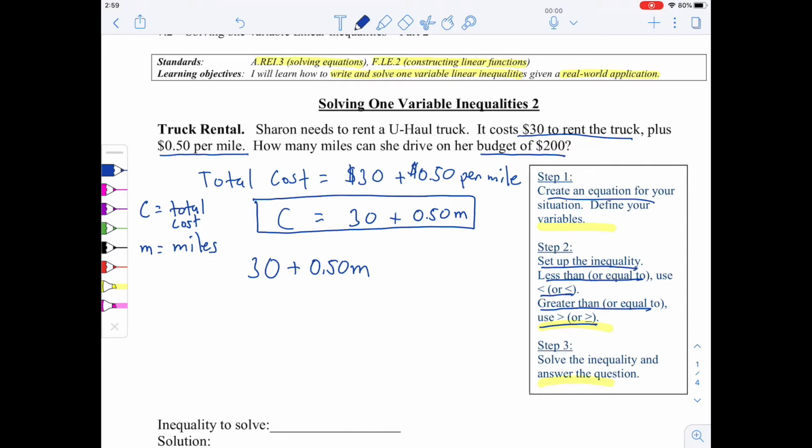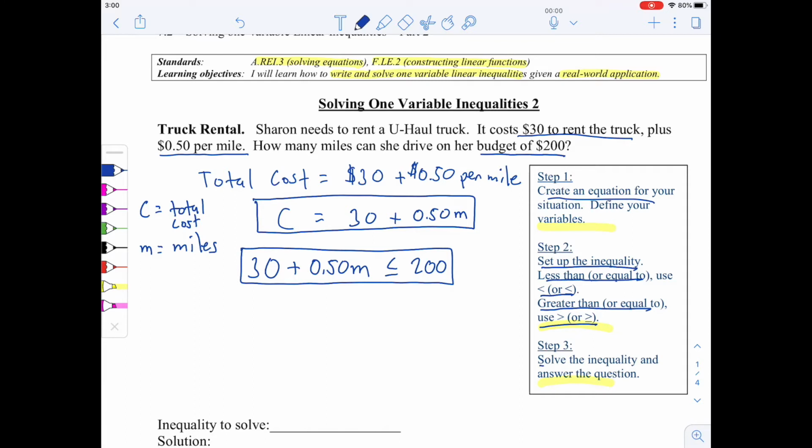So is that less than or greater than? We want to spend within 200, so it has to be less than. Our total cost is going to be less than or equal to 200 because we have to stay within the budget, up to $200. So this is our new inequality right here that we're going to solve.